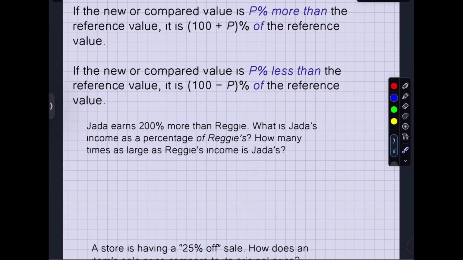Jada earns 200% more than Reggie. What is Jada's income as a percentage of Reggie's? I already got one answer. Anybody else?